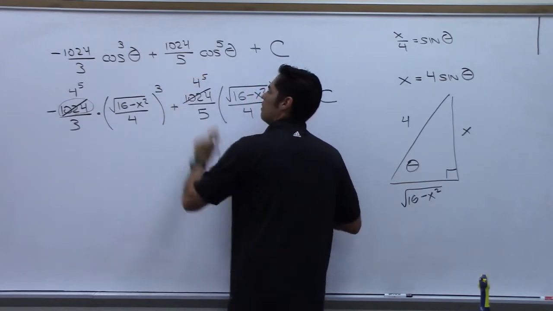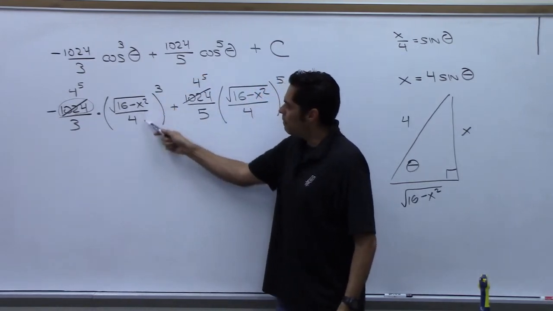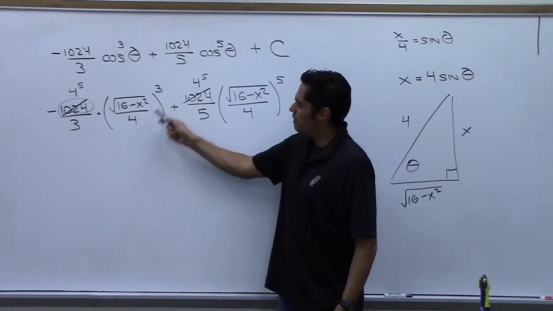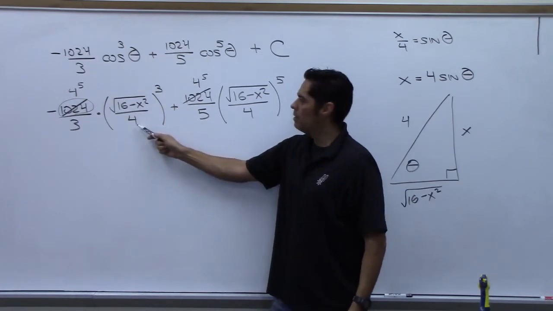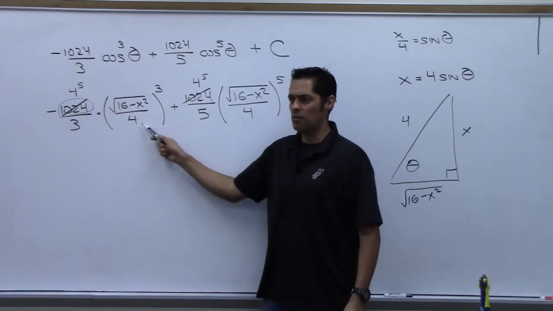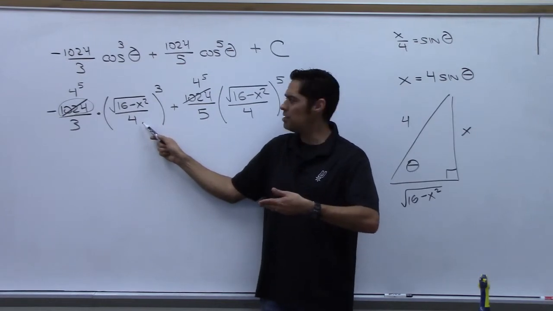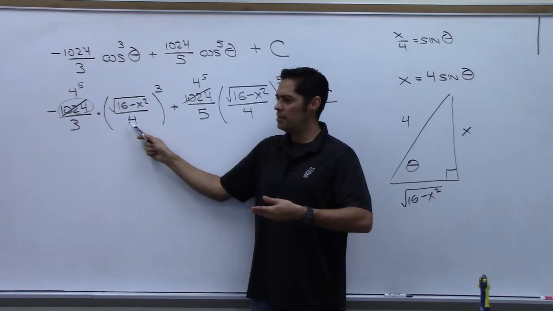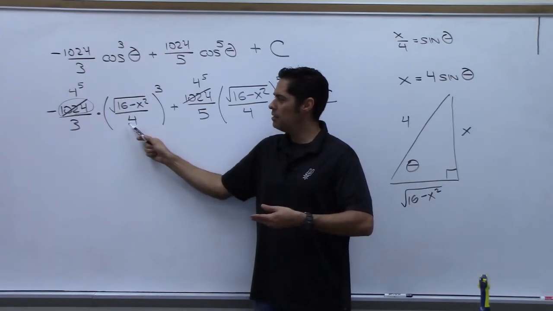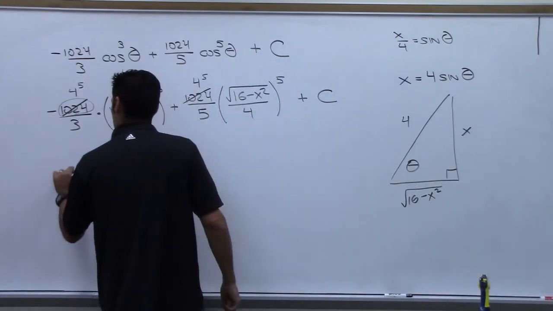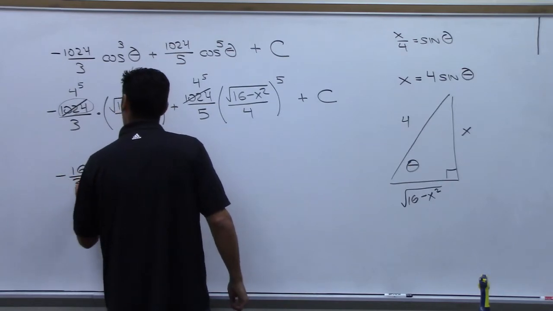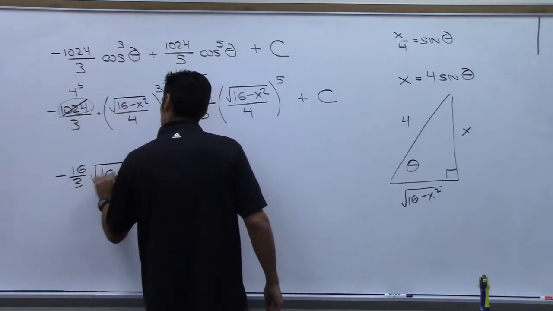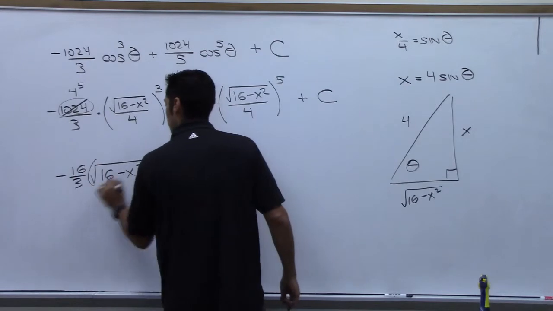Do you see why I'm doing that? If you cube the top and bottom here, this will be 4 cubed. 4 to the 5th over 4 cubed will cancel out some, and you'll really just be left with what? 4 squared, which is 16. So this is really negative 16 thirds square root of 16 minus x squared, that cubed.